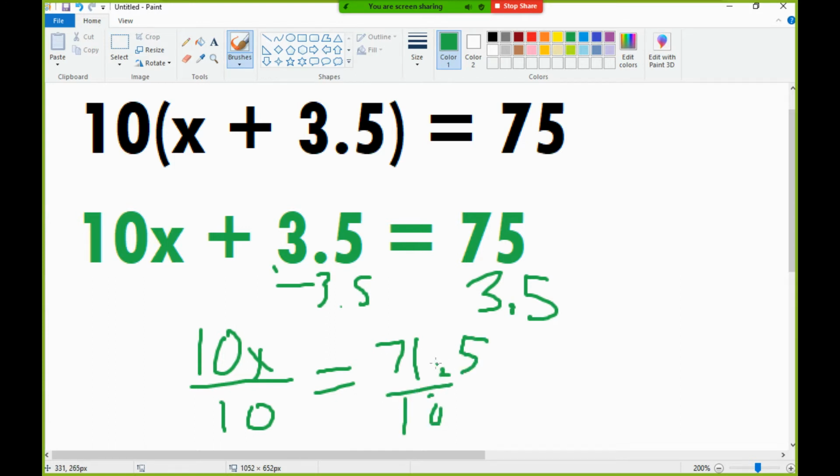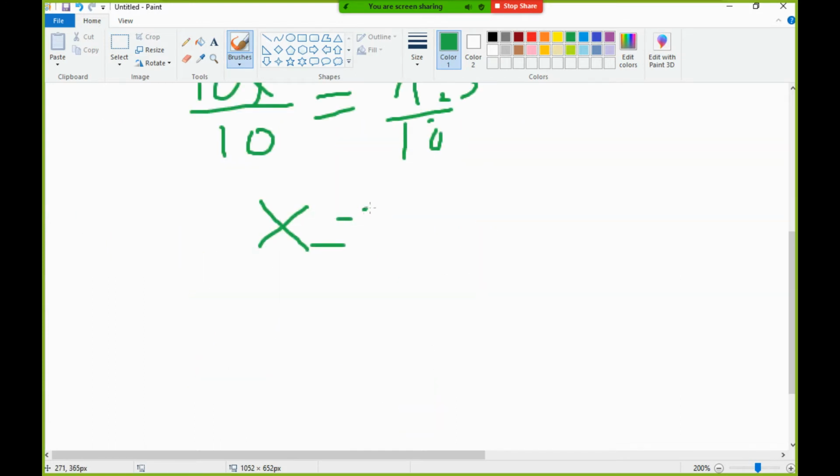You divide by 10 on both sides and you get x equals 7.15.